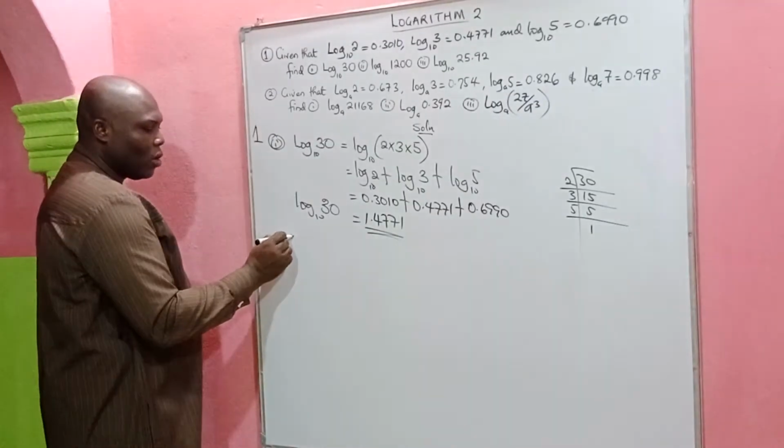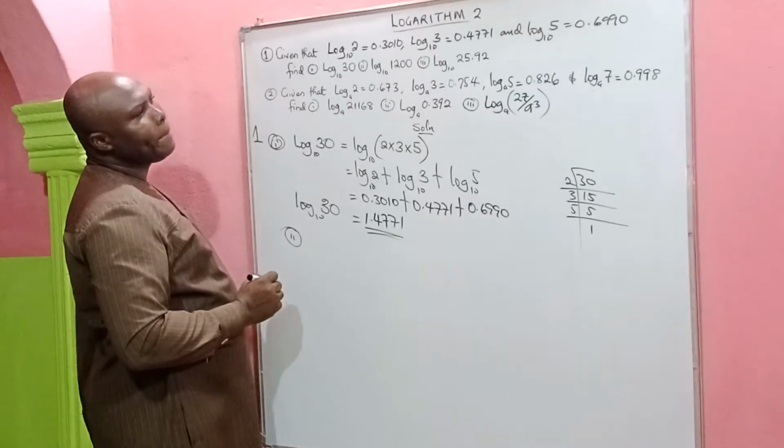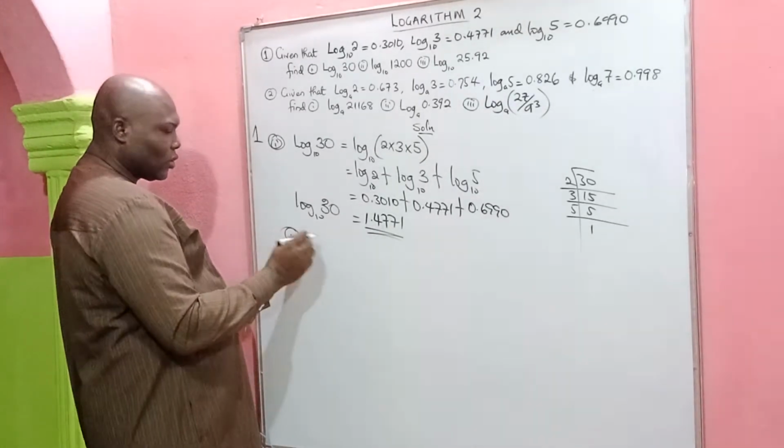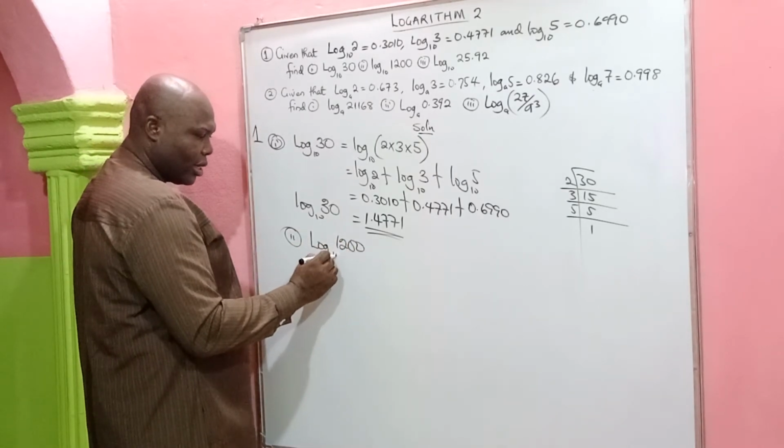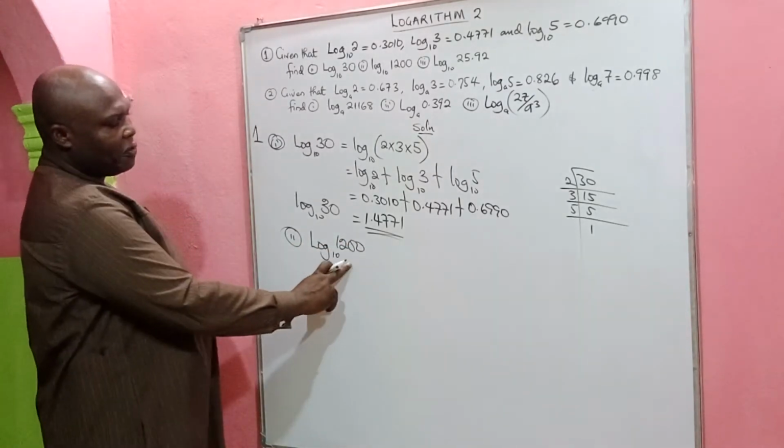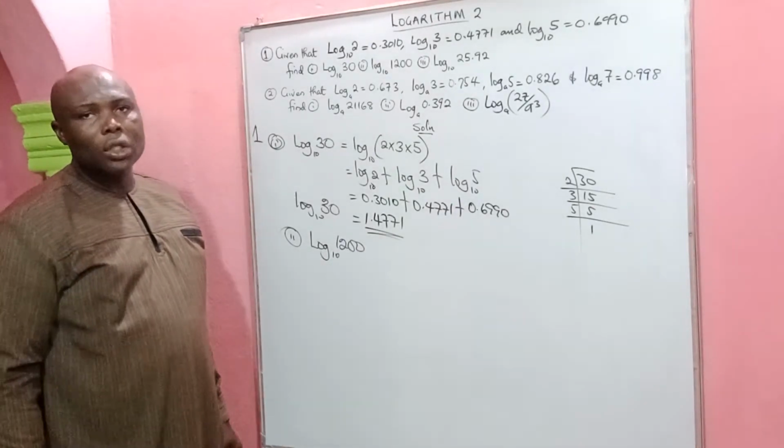Alright, so we have the second one. We have to find log 1200 to base 10. So the first thing we have to do is to find the LCM of 1200.